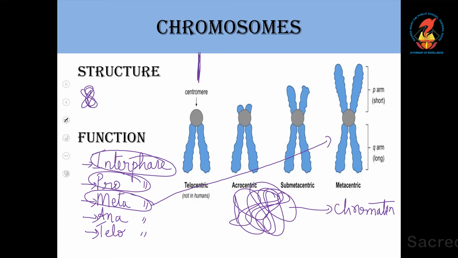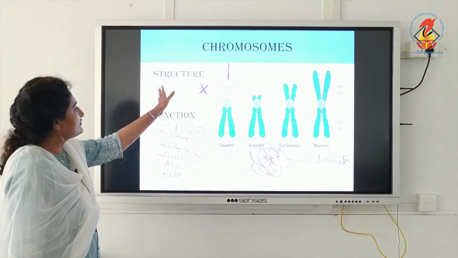Then as it proceeds to the next phase, prophase, this entangled network condenses or shrinks and therefore becomes thin rod-like structures. It further shrinks and becomes thick X-shaped structures. So reference to these three is given in the textbook.